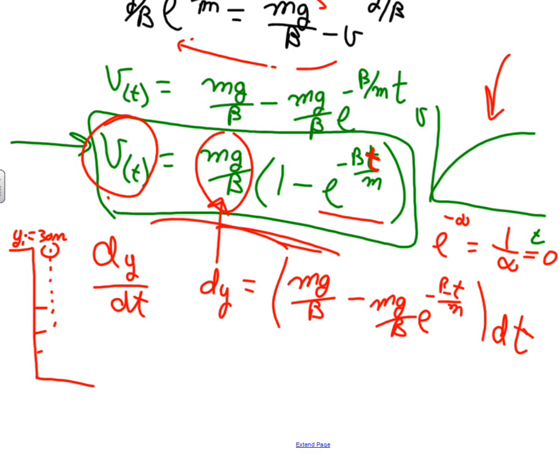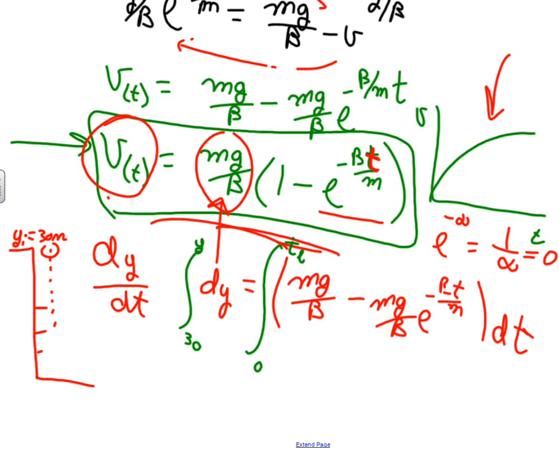And if I integrate this from the original position, 30 meters, to some final y, and integrate this from 0 time to some final time, I can integrate that and end up with a weird equation that solves for position. And I would know where it is at any given moment. You can kind of see what it would be.